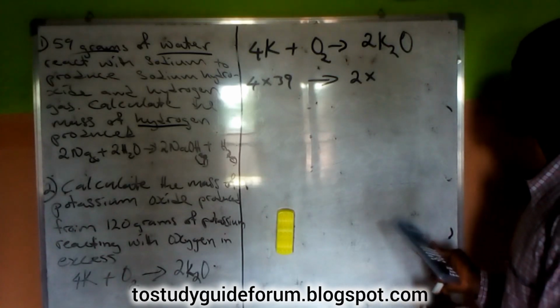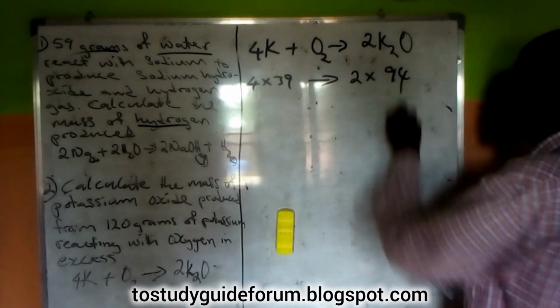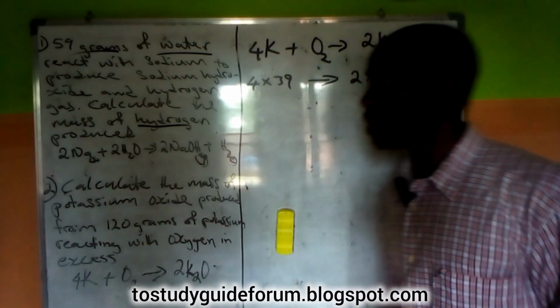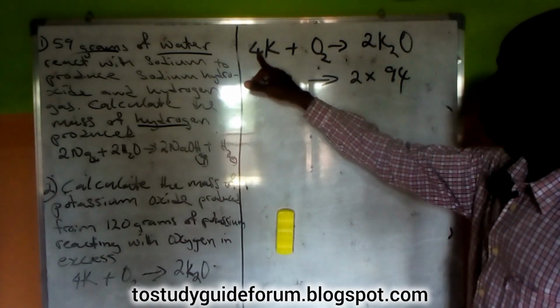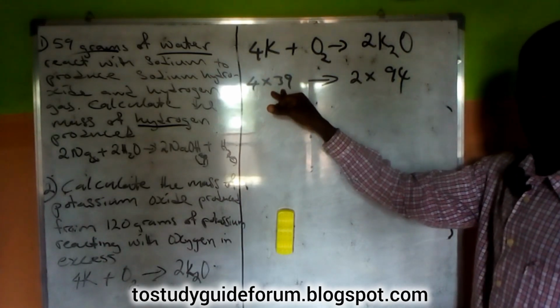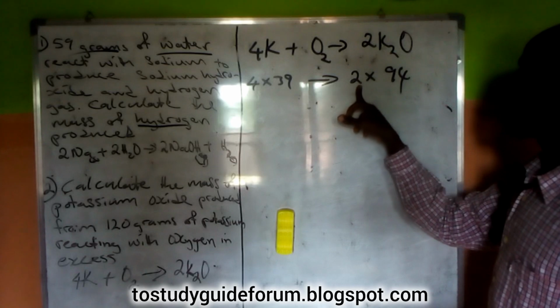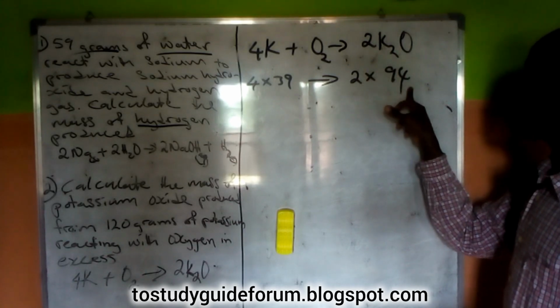So the relative molecular mass of potassium oxide will be 94 according to the balanced chemical equation. 4 times this, because the number of moles multiplies the relative molecular mass.